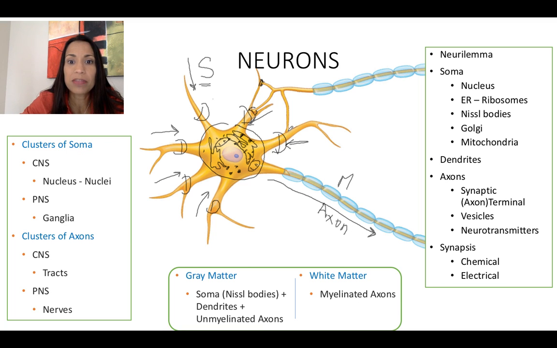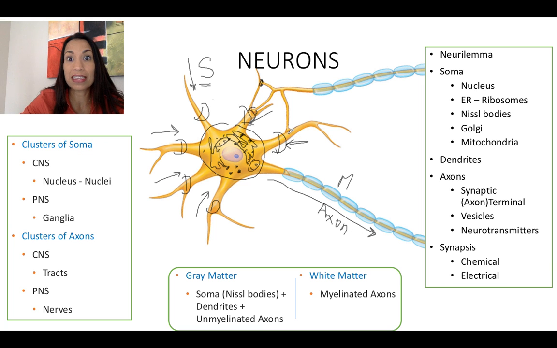It's called synaptic terminal because this is the part that is going to get in contact to communicate with another cell. And that other cell can be another neuron, like in this example. It can be a muscle cell, like when we described the neuromuscular junction in muscle tissue.